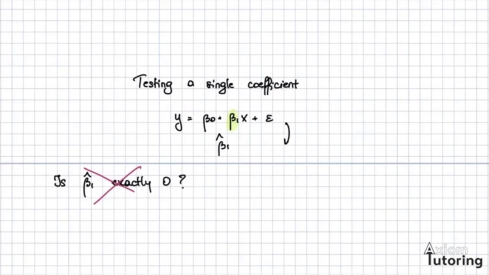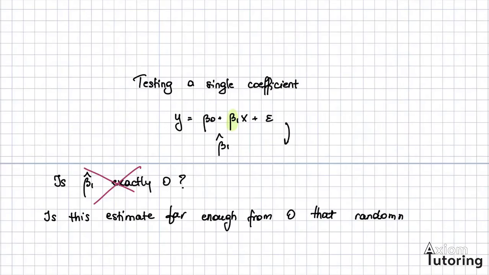So the real question that we're asking, when we're saying is this coefficient equal to 0 or not, is: is this estimate far enough from 0 that randomness alone struggles to explain it?